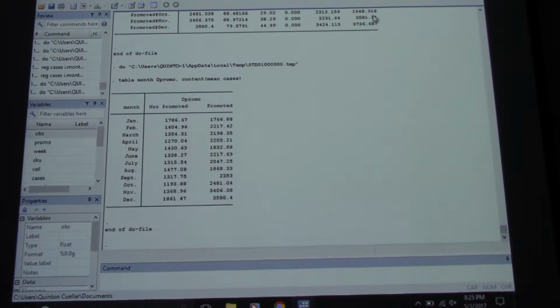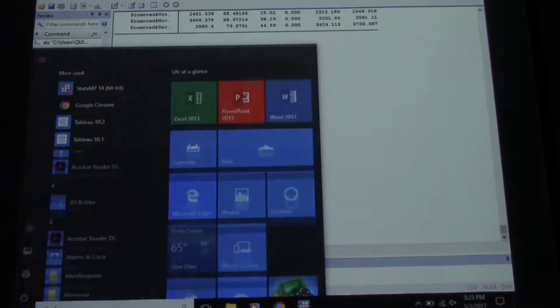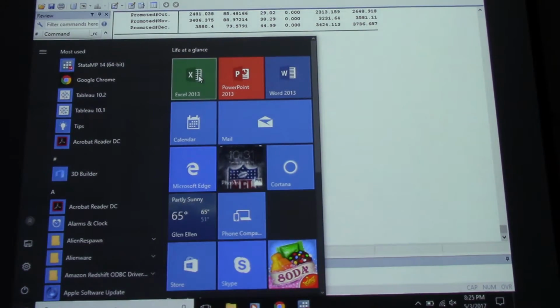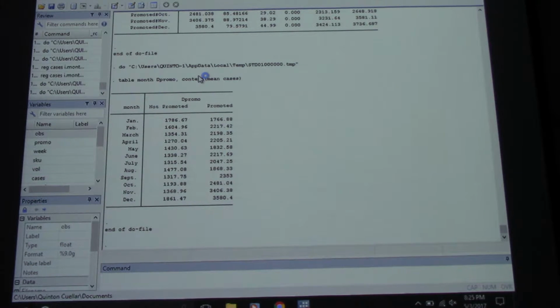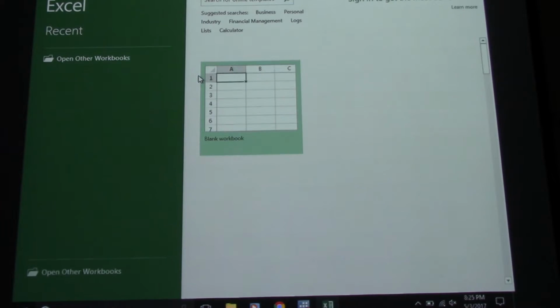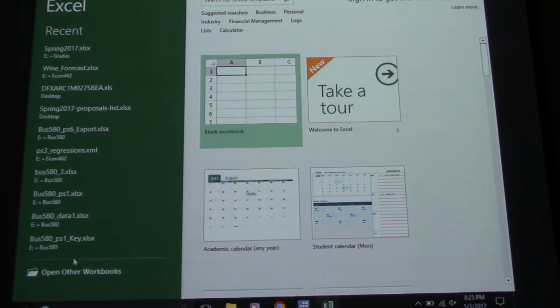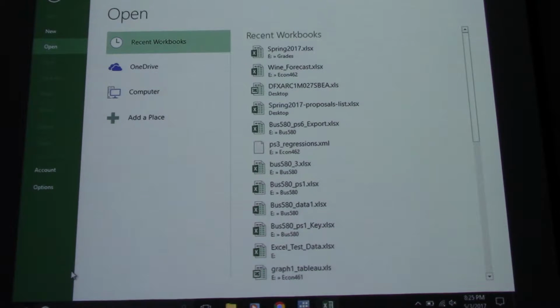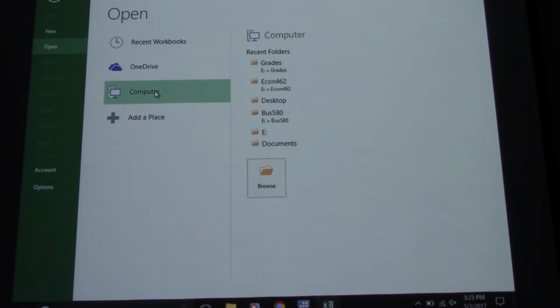One of the things that might be nice is to construct a difference and a percentage difference. We can do that pretty easily in Excel.